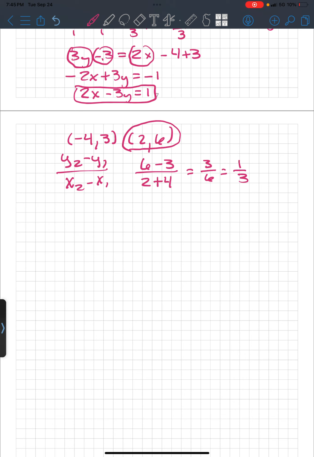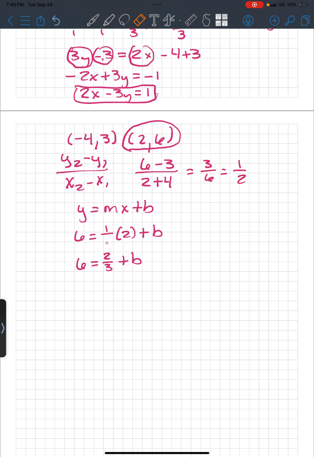All right, so we want to do y equals mx plus b. So my y is 6, my m is 1/3, my x is 2, and my b, I have no idea. So now we're going to go 6 equals 2/3 plus b. We're going to get rid of this fraction. Hang on, I messed up. This is 1/2.